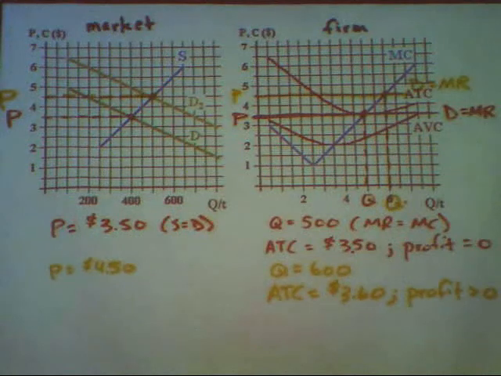So the increased demand in the market raises the price, and the price goes up for the firm. The demand curve shifts from the red to the yellow, and now they'll produce where MR equals MC, which would be at a quantity of 600.